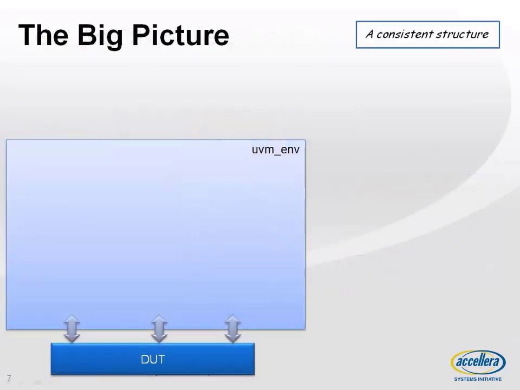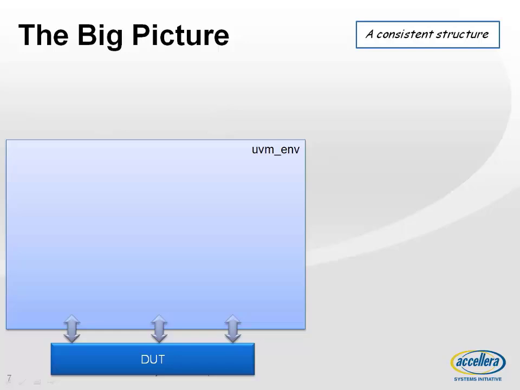Now let me talk you through the big picture of what a UVM environment looks like. This really is UVM 101. This is how you should picture a UVM environment, a UVM test bench. Down at the bottom, we've got the design under test. Then comes the verification environment.